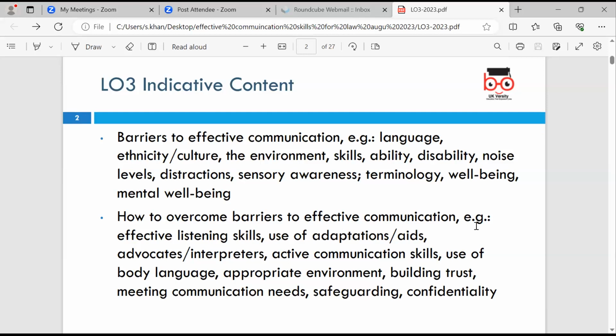For example, like you just said, effective listening skills is a big one. Use of adaptations, aids, advocates, interpreters, active communication skills, the use of body language, appropriate environment, building trust, meeting communication needs, safeguarding and confidentiality. Why is the environment so important?